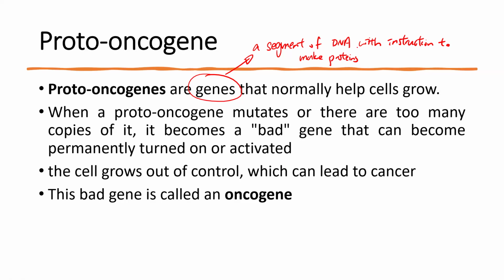So the green light proteins, the recipe for them, the genes that make these green light proteins, are called proto-oncogenes. Proto-oncogenes. Okay, I'll write it down for you. Proto-oncogenes make green light proteins.